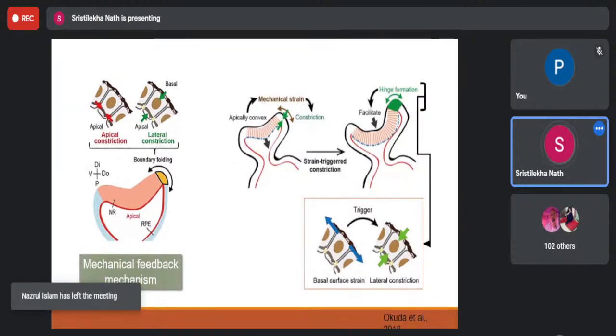I'm sure you can understand the convexity and concavity: the blue dashed part, the apical portion, is a convex structure. So they named it apically convex invagination, and the whole feedback mechanism they named the mechanical feedback mechanism.